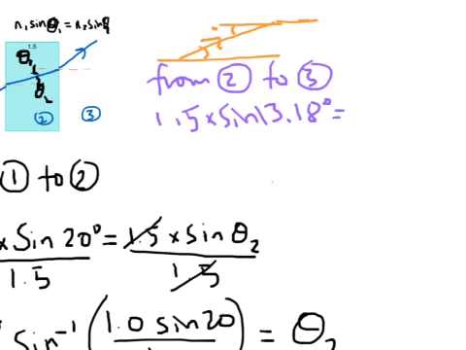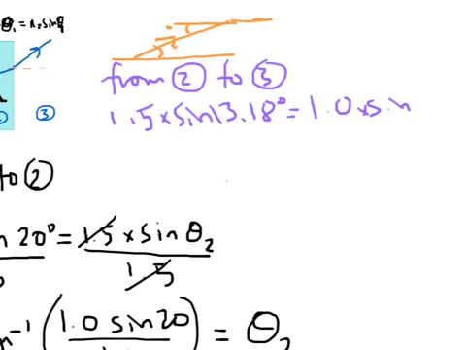That's going to equal n2, which in this case is 1.0 back in air, times sine of theta 2, which we don't know.